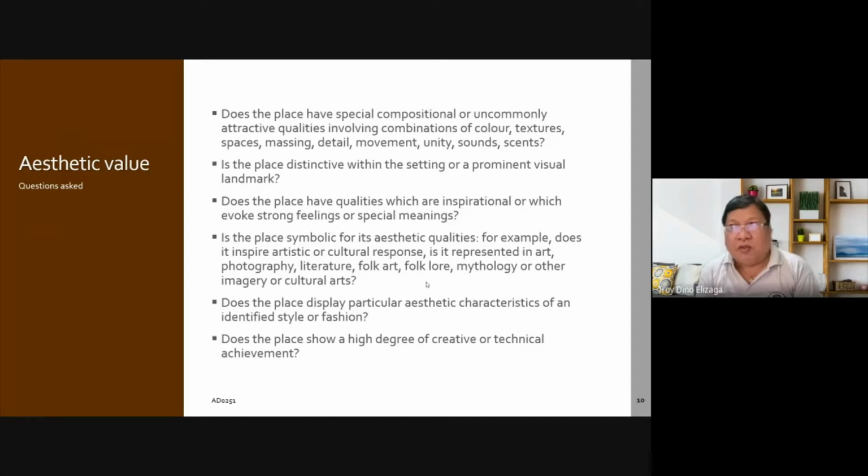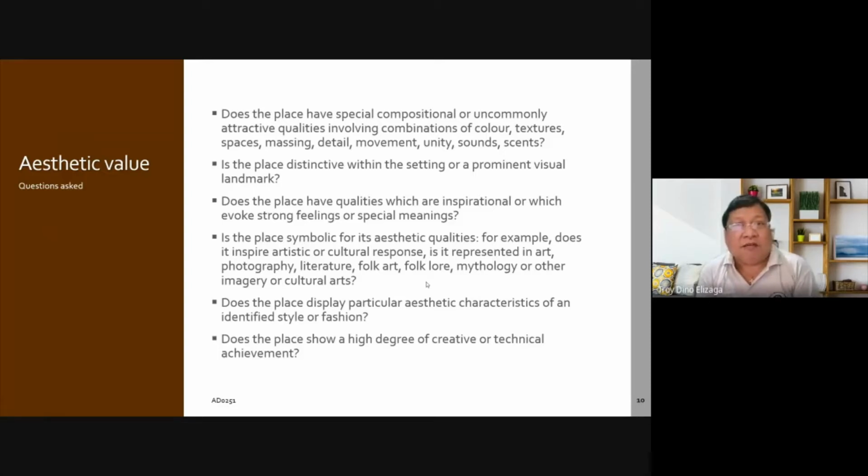So another way to assess the resource is whether it's been often featured in magazines or, like nowadays, Instagram or Facebook. Or especially in websites or any literature that is supposed to represent the place, the municipality or maybe the region or even the country.